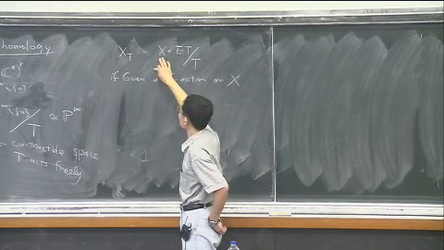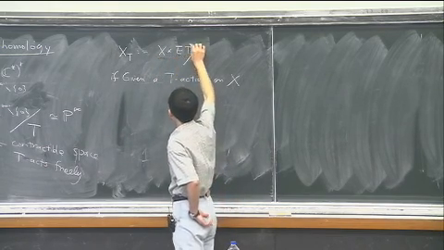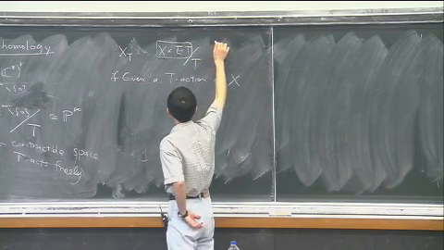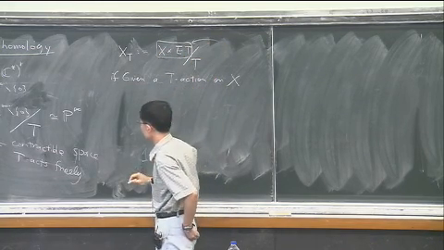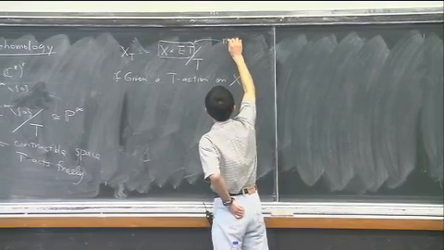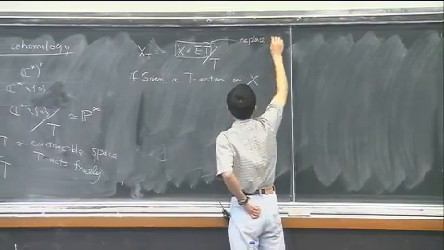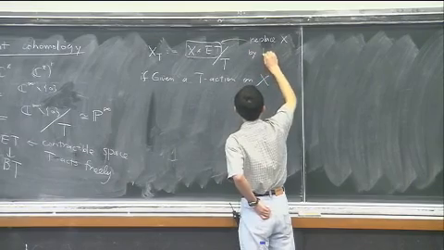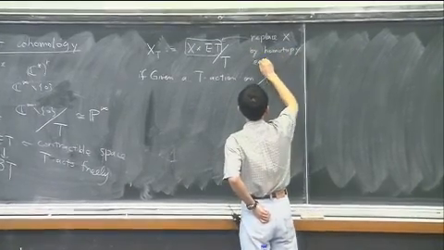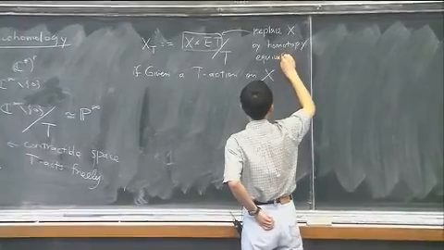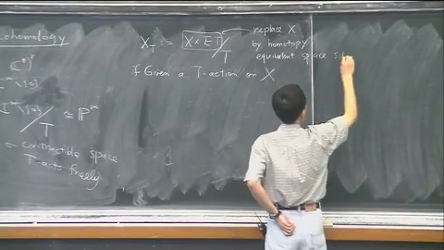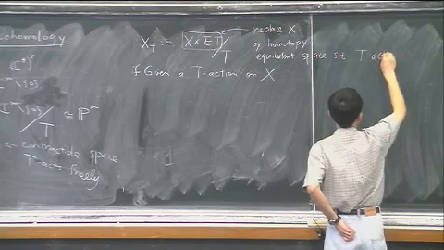Heuristically, as I said, this is a contractible space. I'm replacing X by a homotopy equivalent space such that T acts freely.